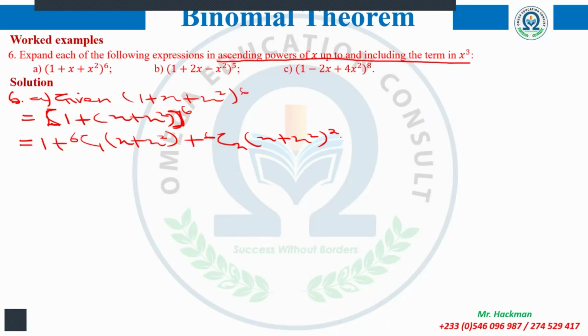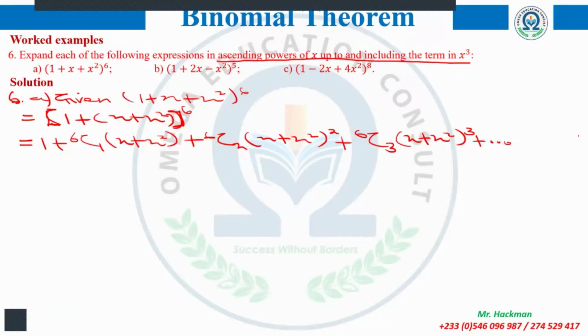Then plus 6C3, then your new x is (x plus x squared) cubed, am I right? Yes, sir. Then plus, can we end here? Yes, sir. So plus your ellipsis.